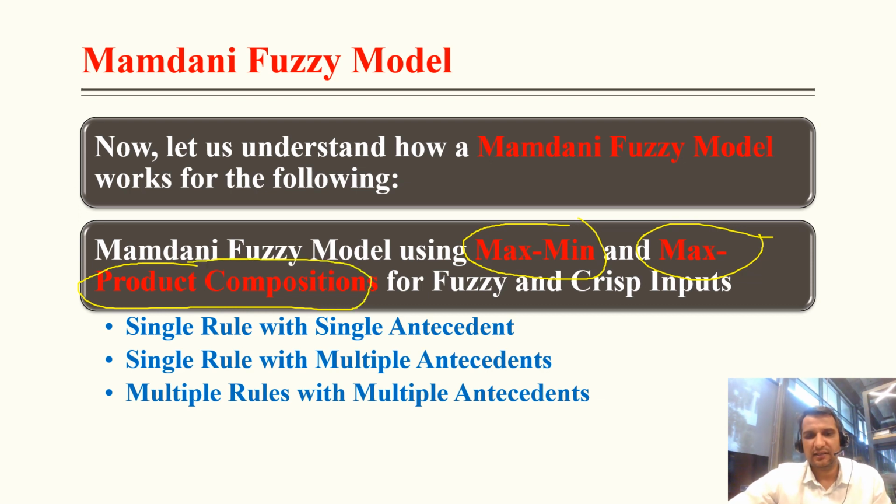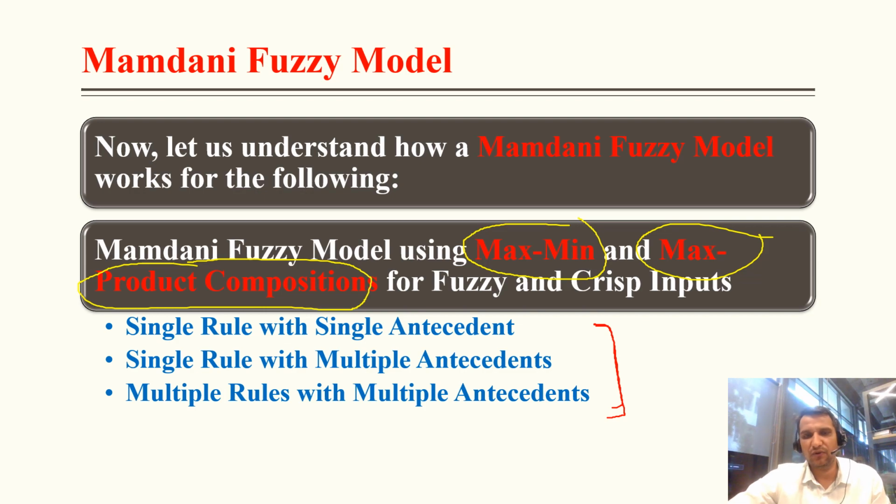After that, in the three models we are going with these rules: single rule with single antecedent, single rule with multiple antecedent, multiple rule with multiple antecedent. One by one, in assignment 11 and 12, questions will be asked from these types of concepts.